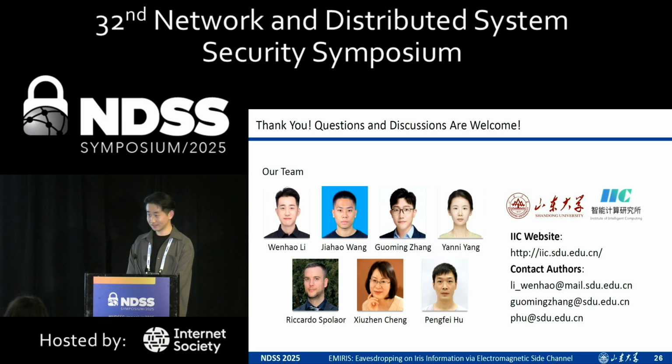Thank you for the talk. How scalable is this attack? It seems like while transmitting the sensor signal, there is some side channel that is exposed as an EM signal. Can this be applied to every iris sensor, or is there any specific type that this attack can be applied to?